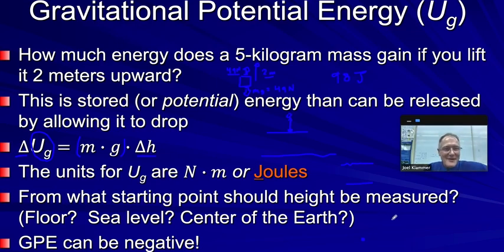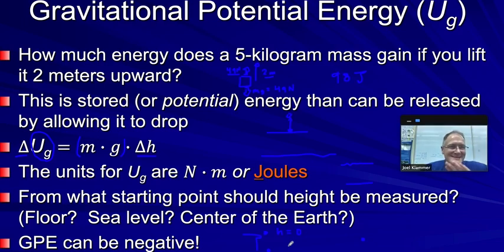The other thing is, depending on where you set your h equals 0, you can have negative potential energy. So for example, you say, all right, I'm going to set h equals 0 at the side of this tabletop, but now if you drop an object off of it, when it hits down here at the bottom, its delta h is going to be some negative value. It's now at some negative height, which means it has negative GPE.